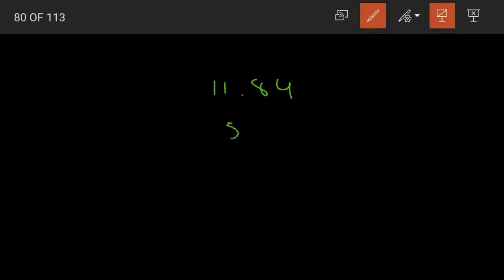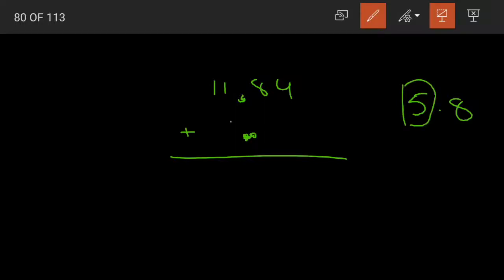11.84 and 5.8. See, children, 5.8. Let me erase this. 5.8. Yes, the decimal point exactly below the number, you keep it there. And the whole number part, we are having 5 here. And just after the point, I am having my 8. So, 5.8 is written like this.